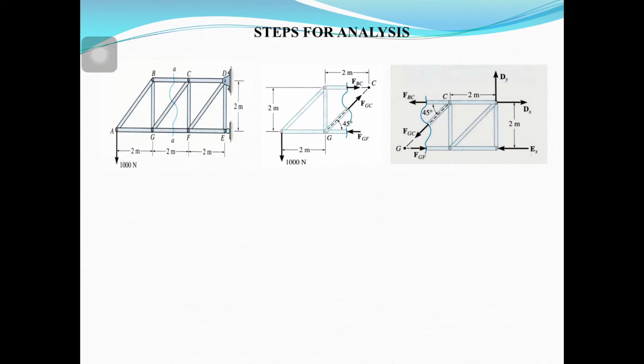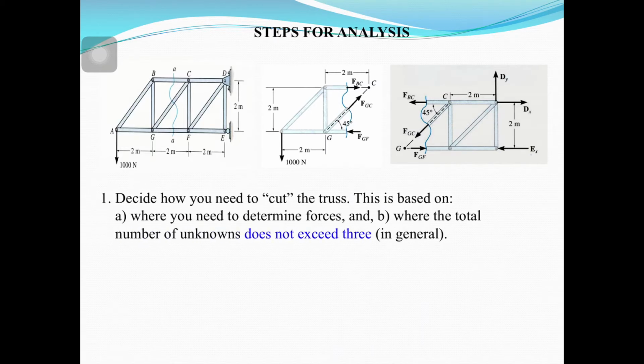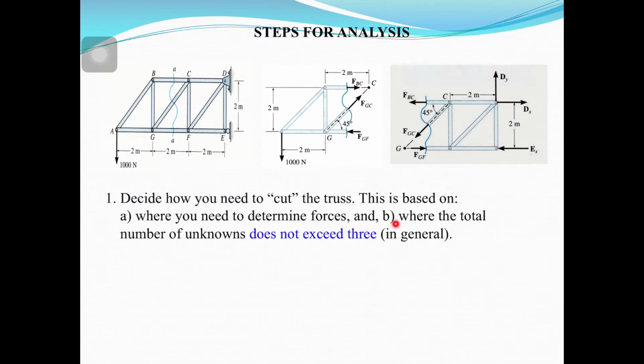Steps for analysis. First, decide how you need to cut the truss. This is based on, A, where you need to determine the force, and B, the total number of unknowns must not exceed 3.